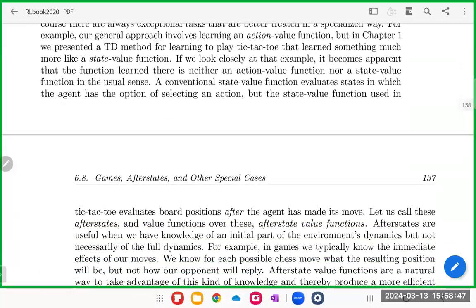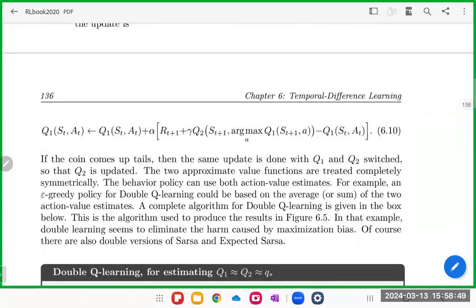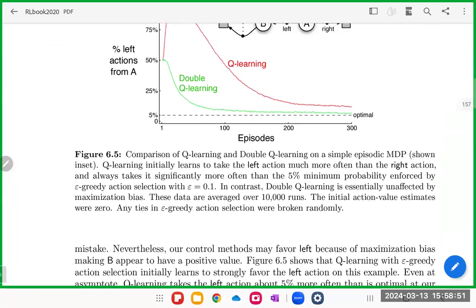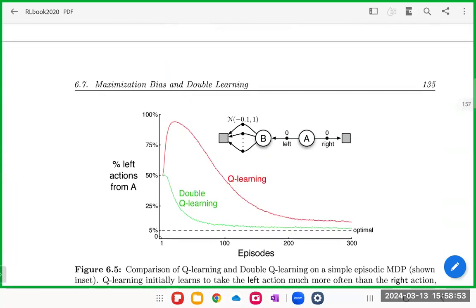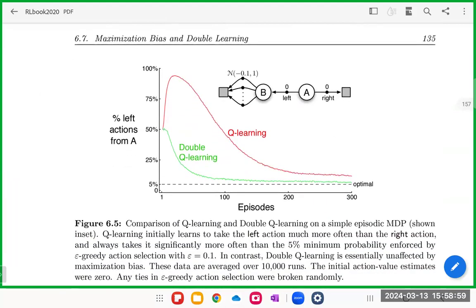So that is about it, and this is just one small example to illustrate the advantage of double Q learning over the conventional Q learning. Here is a small, simple MDP.